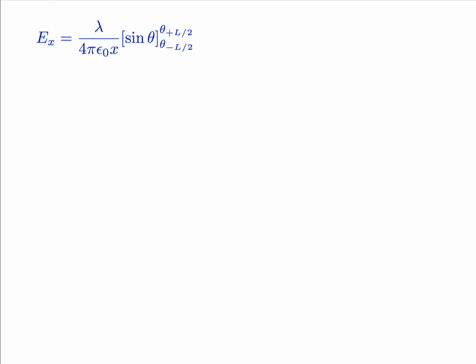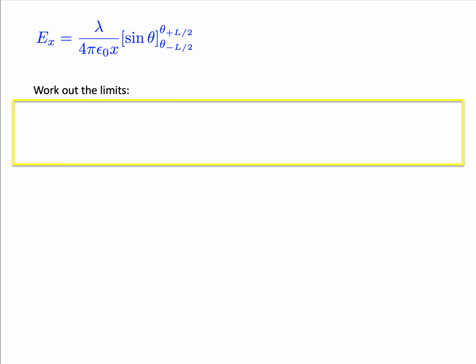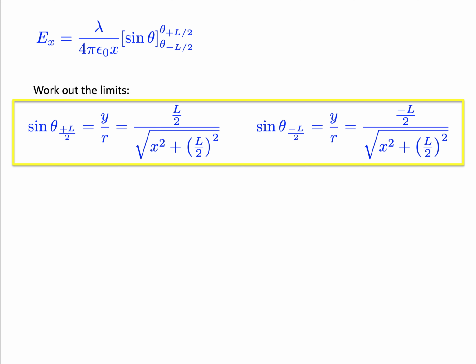We now need to work out what sine theta is when theta is at its maximum and minimum points. Looking at the diagram, we can see that sine theta equals y over r, and y at the top of the wire is L over 2, and r is given by this, and y at the bottom of the wire is minus L over 2 with r given by the denominator there.